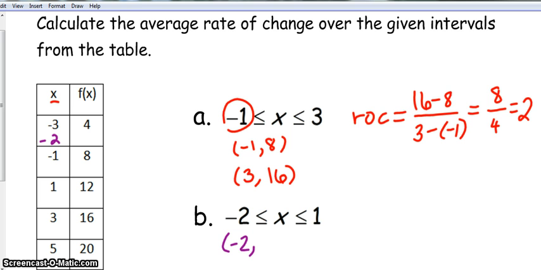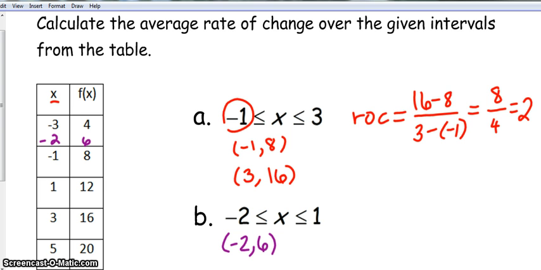From -3 to -1, my y values went up from 4 to 8. Okay, well, I want to split the difference. -2 is right in the middle of -3 and -1. So let's split the difference from 4 to 8, and halfway between them would be, think about it for a minute, 6. So my point is going to be -2, 6.